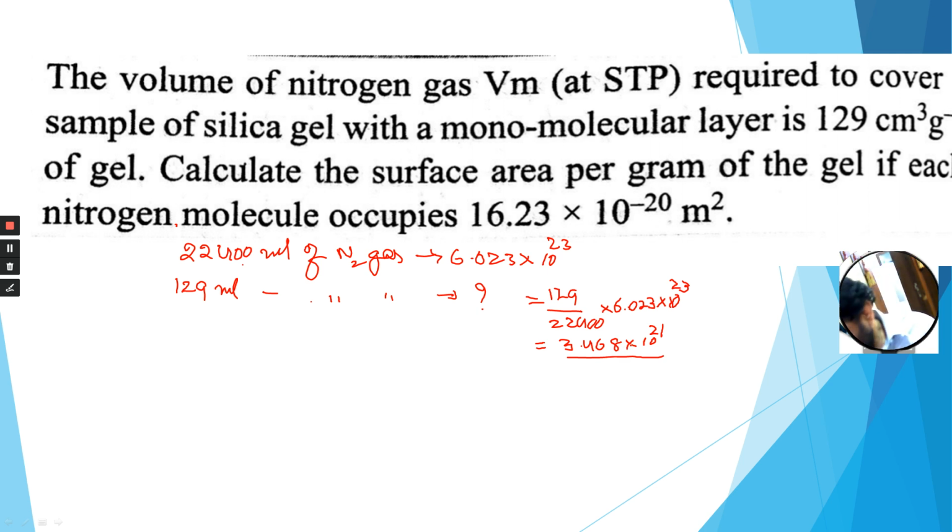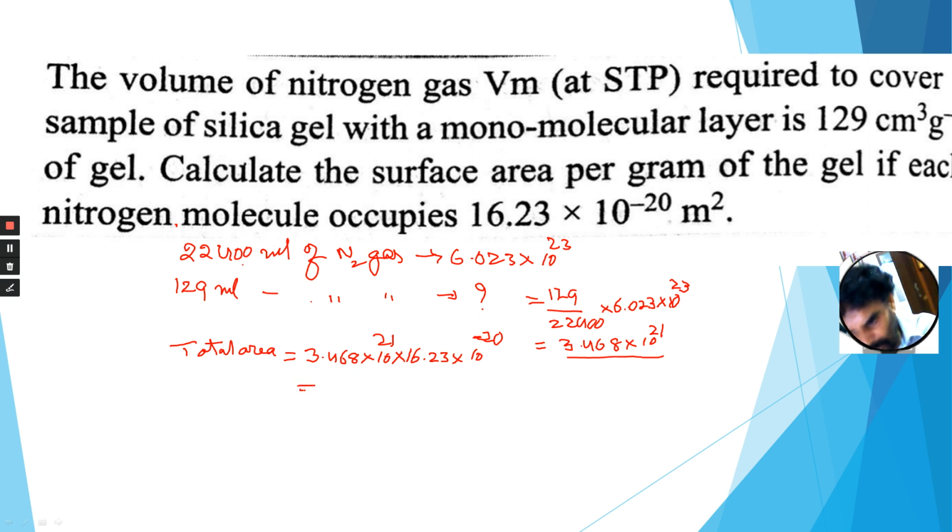Now the area occupied is equal to the total number of molecules, 3.468 × 10^21, the total number of nitrogen molecules adsorbed, times the area covered by each molecule, which is given in the problem as 16.23 × 10^-20.